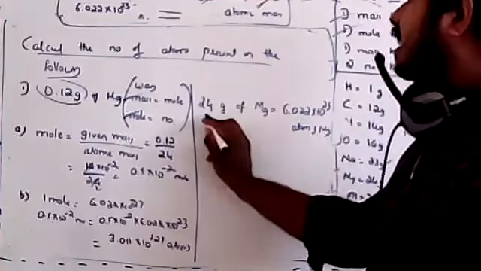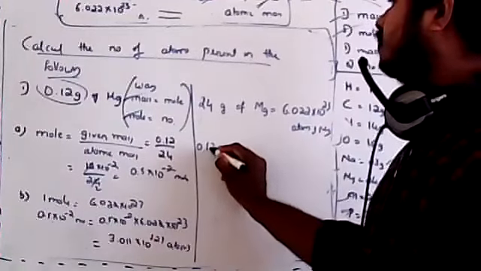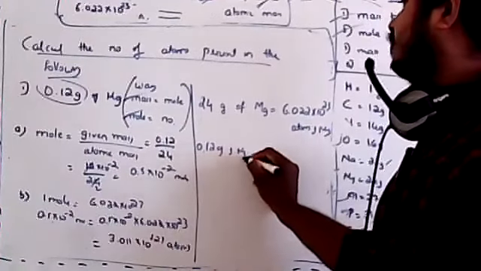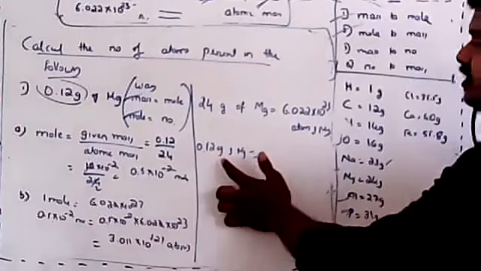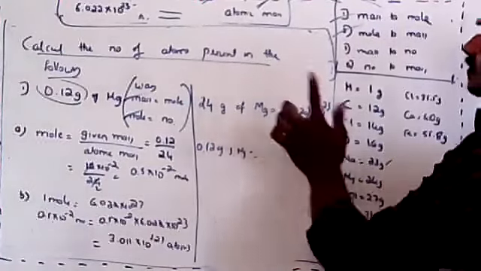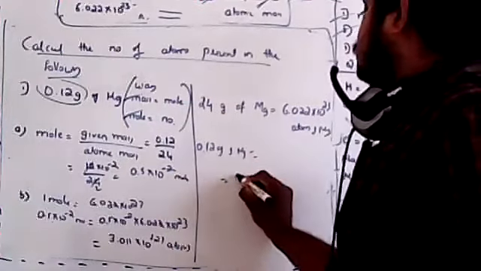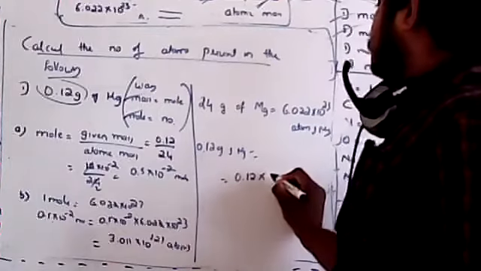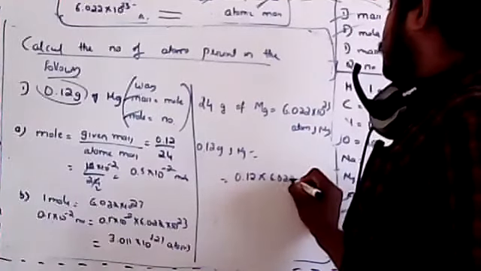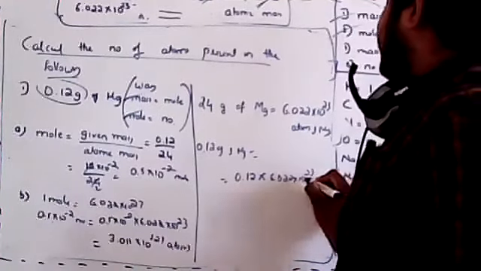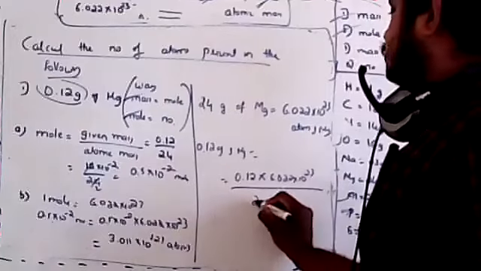Now they are asking about 0.12 grams of magnesium. So equate these two: this into this divided by this. So 0.12 into 6.022 into 10 to the power 23 divided by 24.